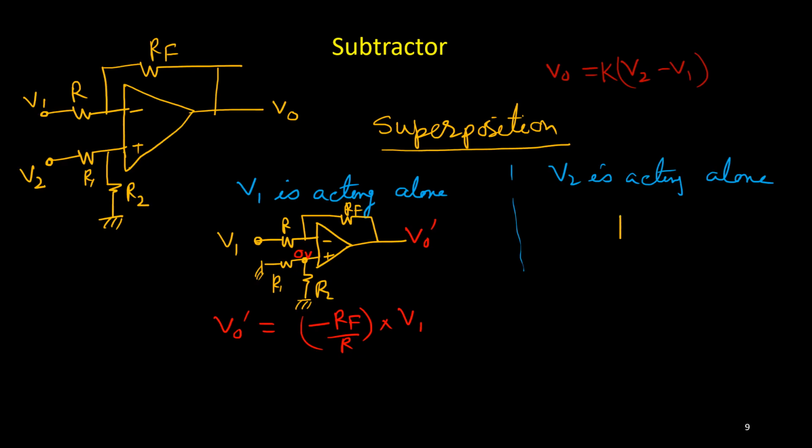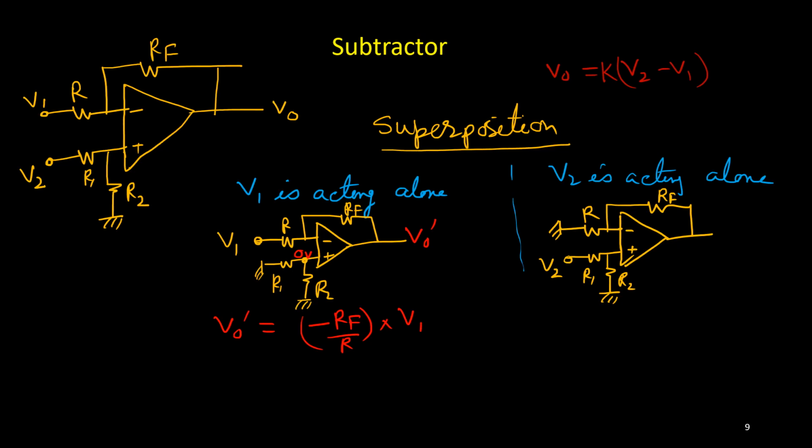Now, when V2 is acting alone, what is the circuit? This is the circuit. Now V1 is not there, it is grounded. Now V2 is only there. This end is grounded. This is your R1, it is your R2, this is R, and this is your RF.